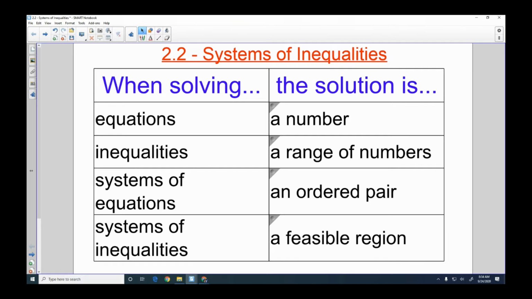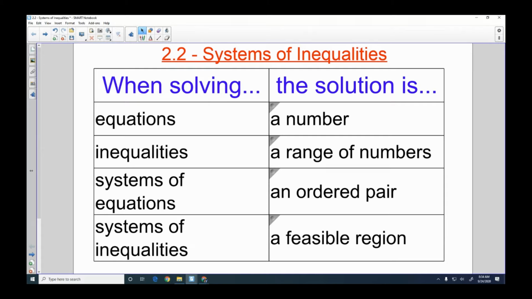So it's going to be a whole bunch of points, but we're going to represent that with something called a feasible region. We're going to represent this on a graph, and we're going to shade it in. That shaded region we call the feasible region. The word feasible means attainable. It means that's where we go for the good stuff.